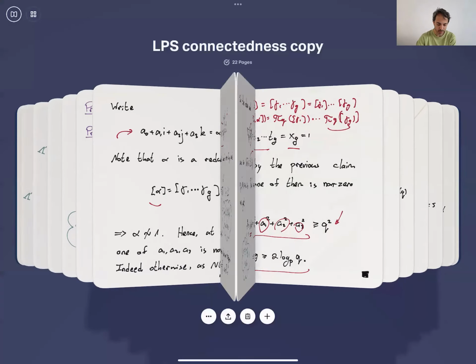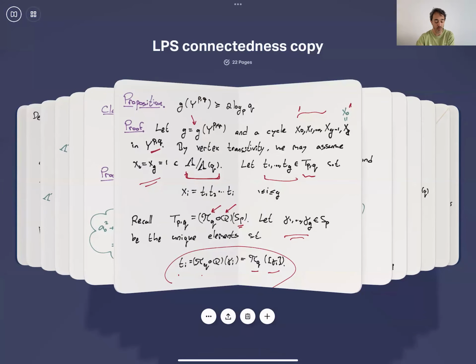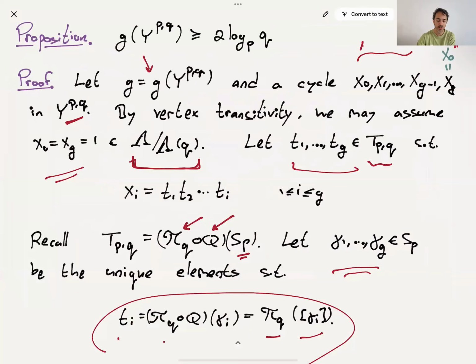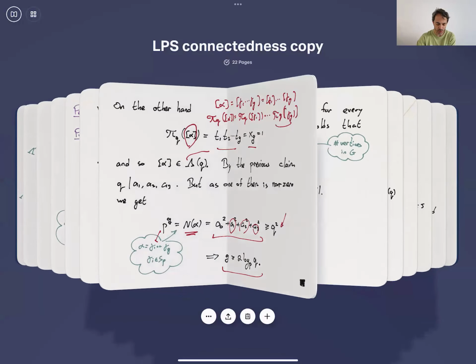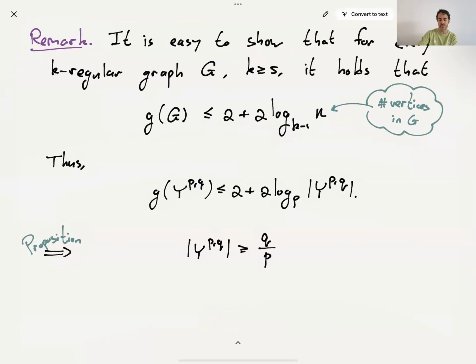Good. So anyhow, what we just proved is that the girth of this graph is quite huge. It's 2 log q to the base p. And it's not hard to show, as we said in the first chapter, that if you have a k-regular graph, with a simple counting argument, maybe k at least 5 to make it clean, then the girth of the graph is at most essentially 2 log of the number of vertices to the base degree minus 1.